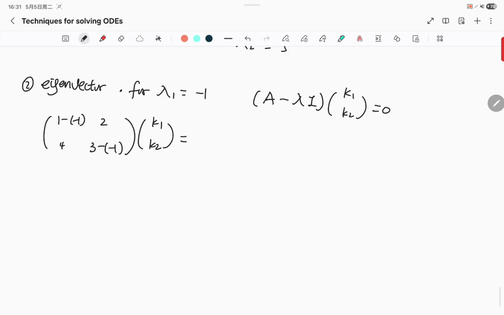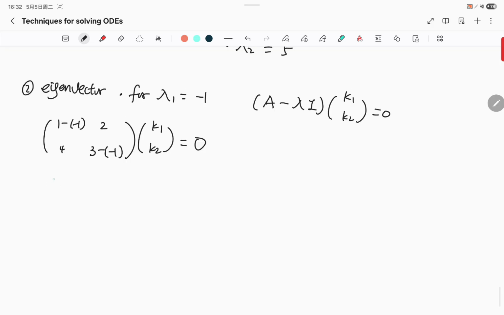This is actually not the number 0, but the 0 matrix. So this gives us 2, 2, 4, 4, times k1, k2 equal to 0.